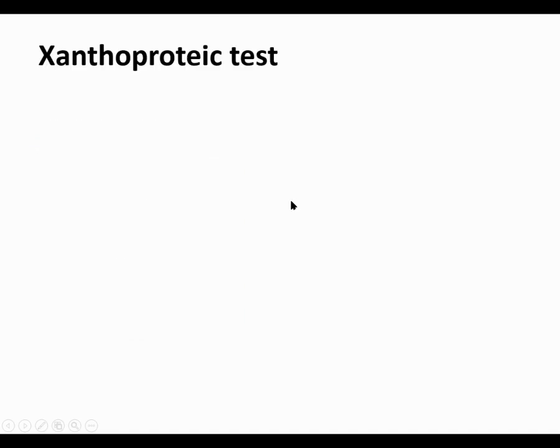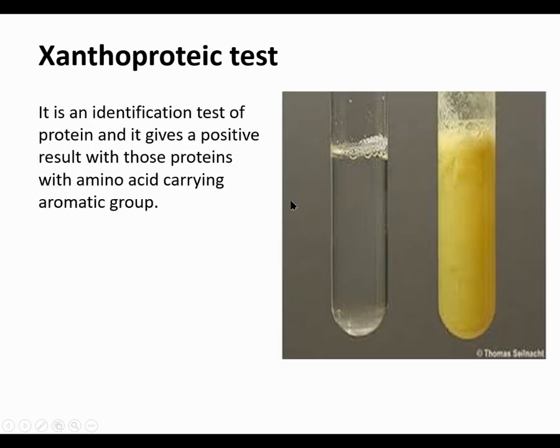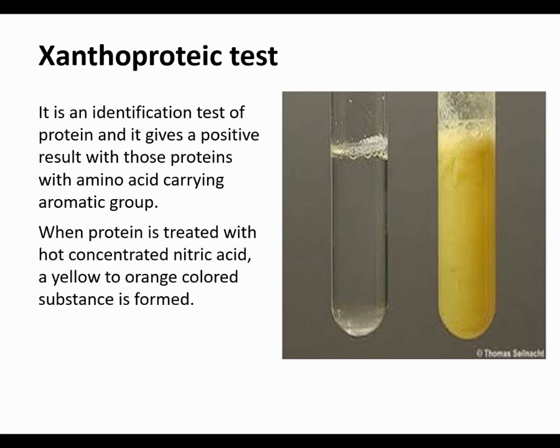The next one is the xanthoproteic test. Okay, so it is an identification test for proteins, and it gives a positive result for those that carry an aromatic group. When protein is treated with hot concentrated nitric acid, it gives a yellow to orange colored substance.